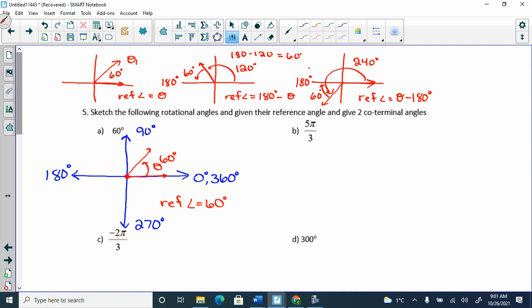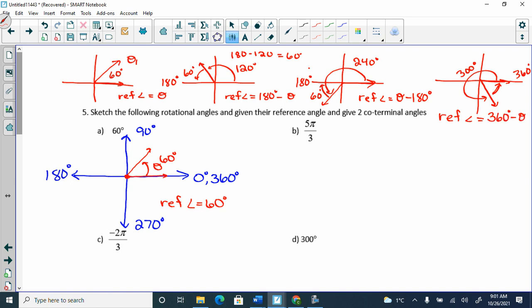And then in quadrant 4, how would I get this little one? Yeah, 360 minus theta.